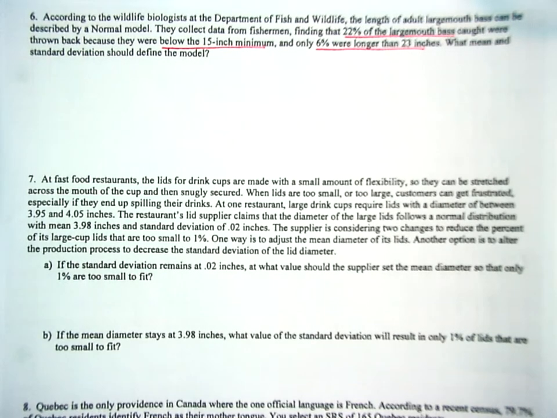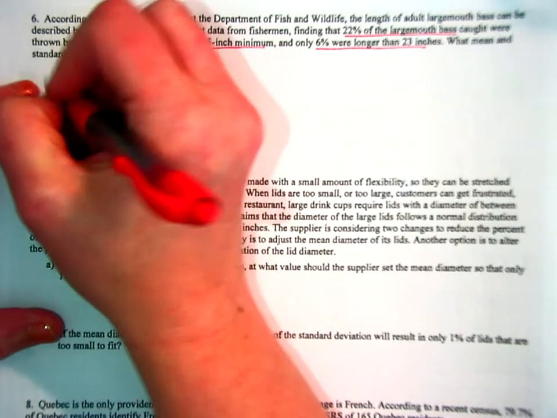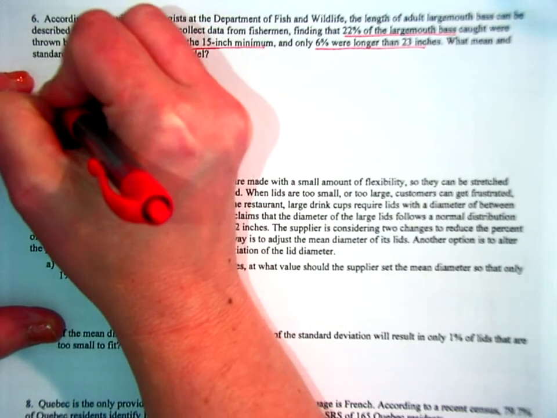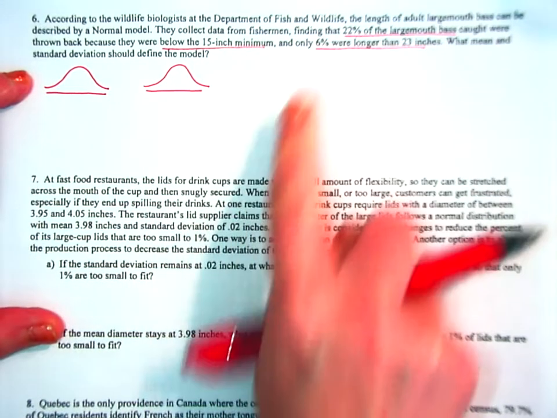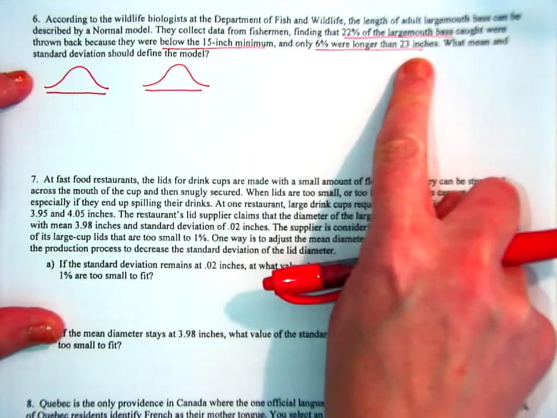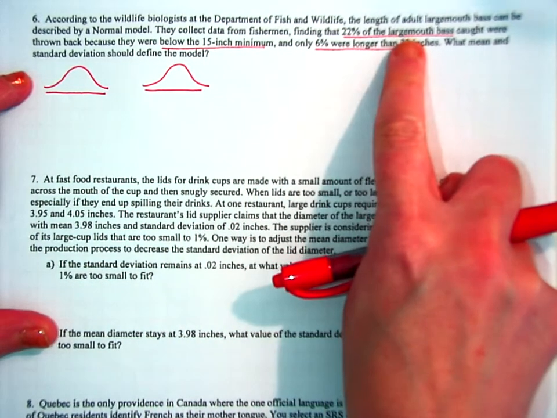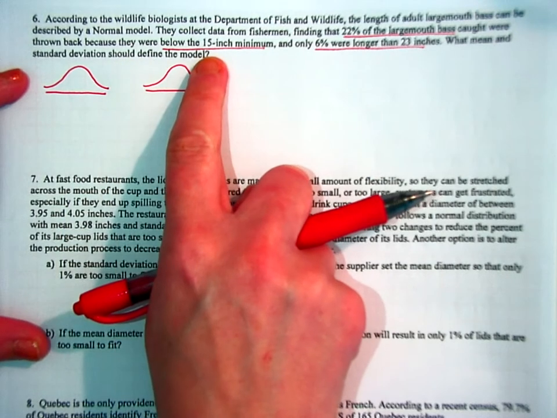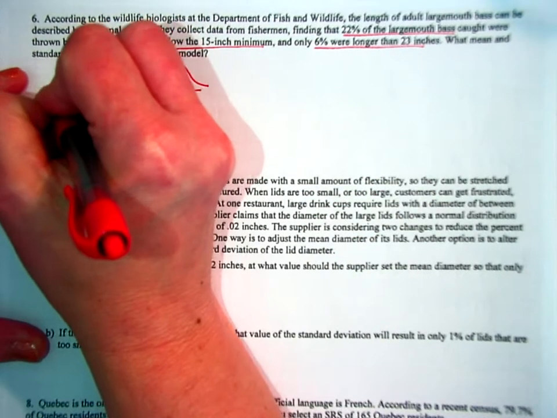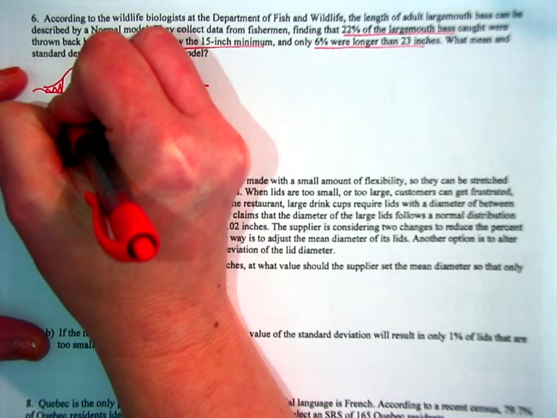Okay, so this is that several-step process. First up, I'm going to look at the two separate normal curves. Okay, we're told two separate statements. So here, 22%, they're thrown back. They were too small, below the 15-inch minimum. So let's say I draw that visual right here.